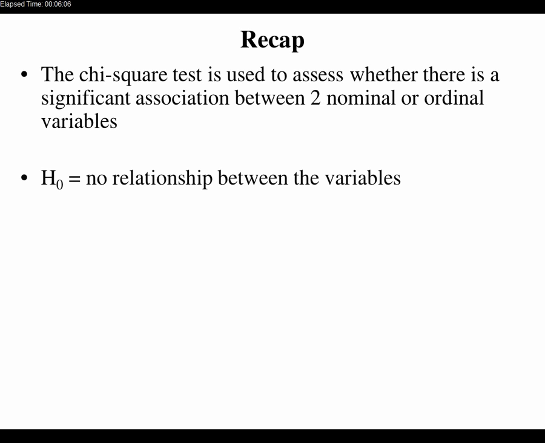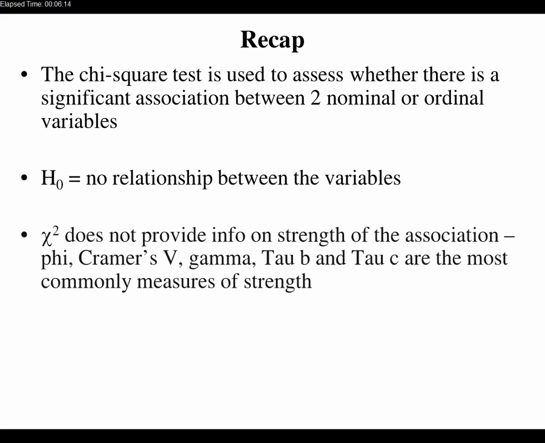Let's recap. The chi-square test is used to assess whether there's a significant association between two nominal or ordinal variables. Okay, the null hypothesis means that there's no relationship between those variables. Chi-square does not provide information on the strength of the association.